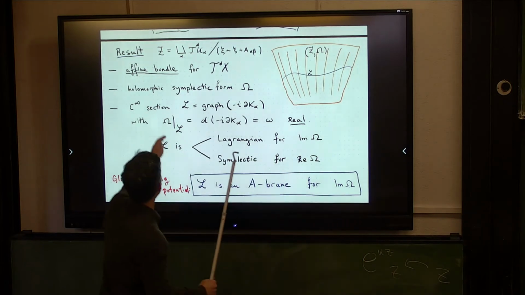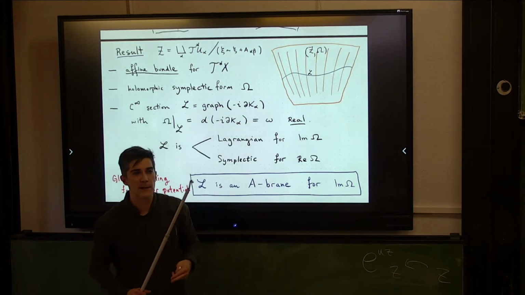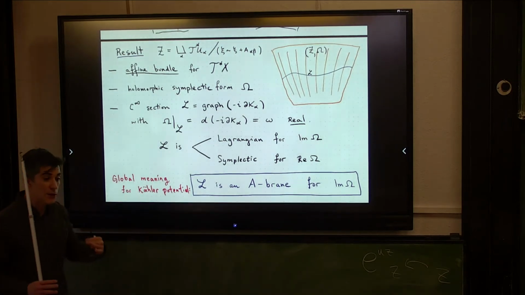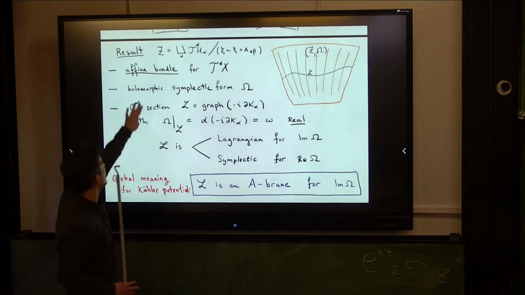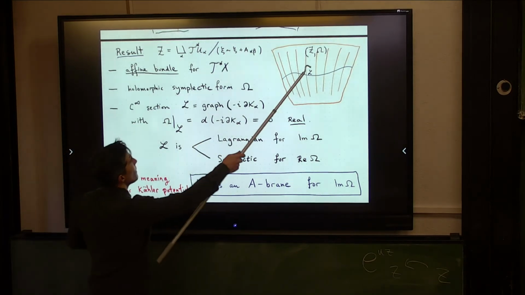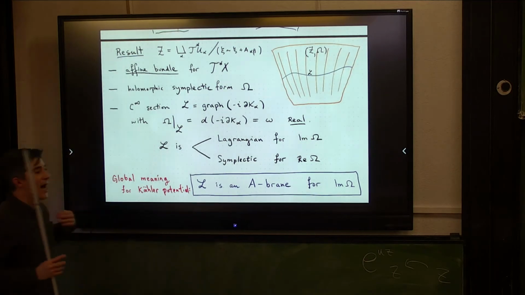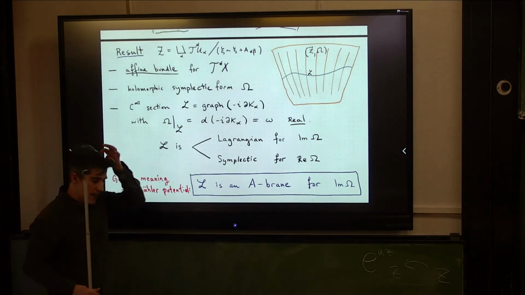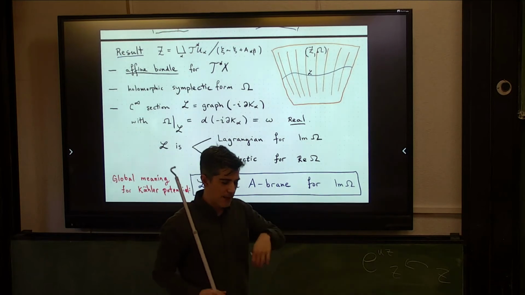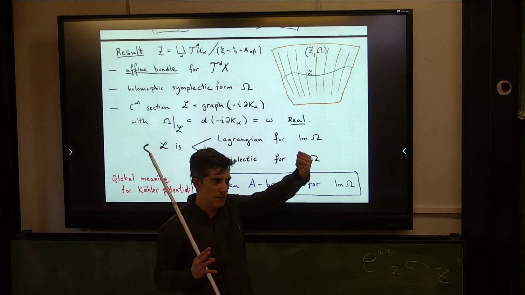So now we get a holomorphic symplectic form on this twisted cotangent bundle. Although the zero section is ruined, the holomorphic symplectic form is not ruined by these gluing maps. So we've got an affine bundle with a holomorphic symplectic form on it, acted upon by the holomorphic cotangent bundle. All of that is holomorphic data.